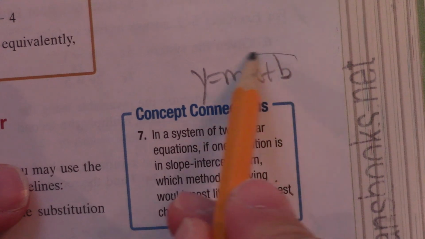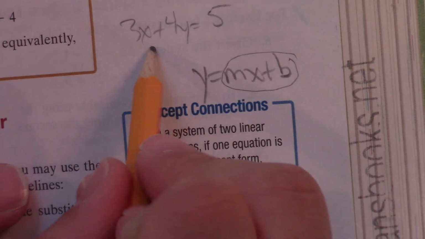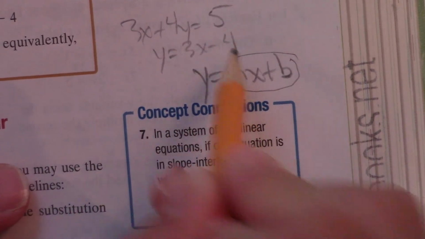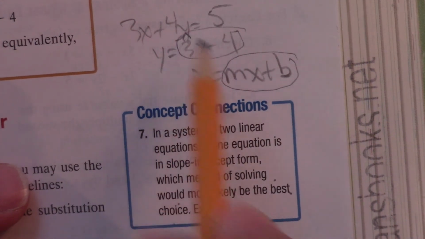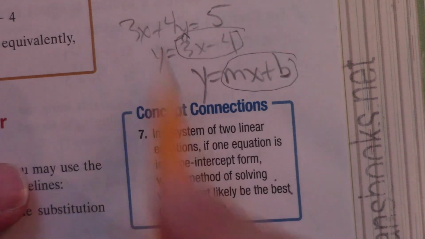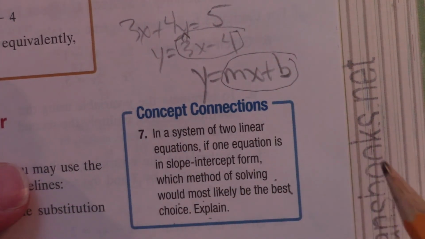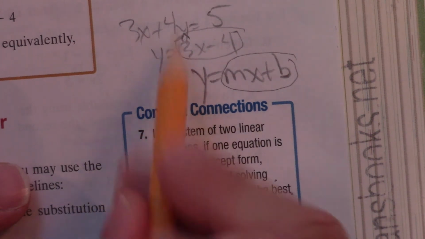And really, if something is solved for a single variable, let's say I have 3x plus 4y equals 5, then I have y equals 3x minus 4, well, I would want to take this and plug it in right there. Now, could I bring the 3x over as a negative 3x and use elimination? Yes, but if it's already solved for a variable by itself, you should probably just use substitution.